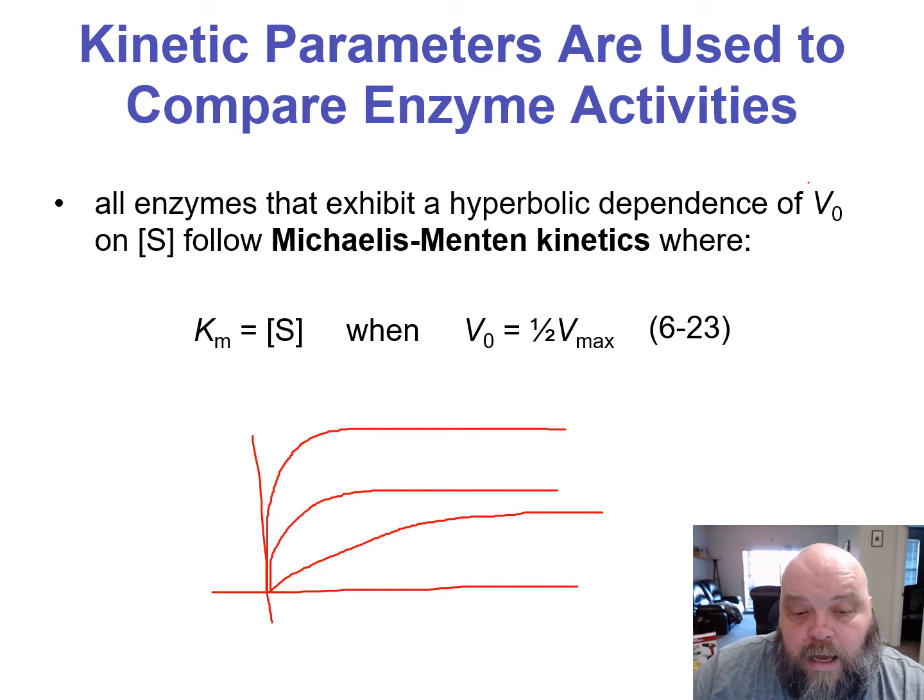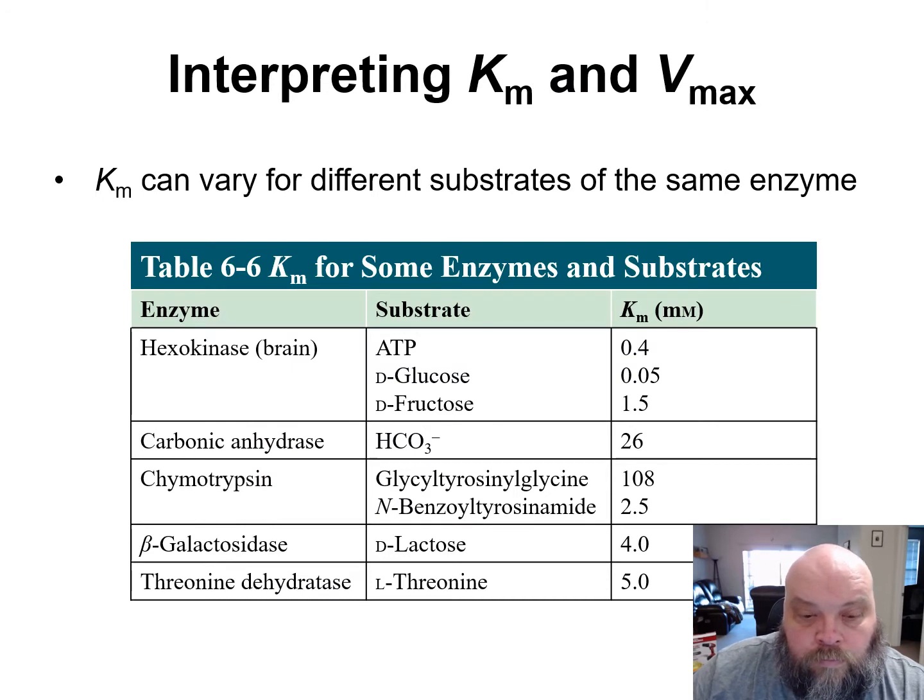And it's dependent on V naught and the concentration of S under the conditions where Km is this and V naught is half max. That half max for each of these is going to be at different places. It all depends on the enzyme, depends on the substrate.